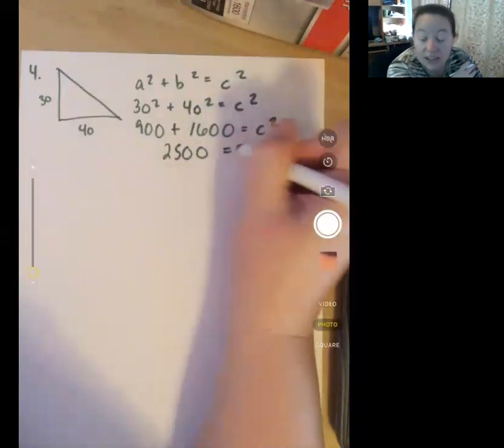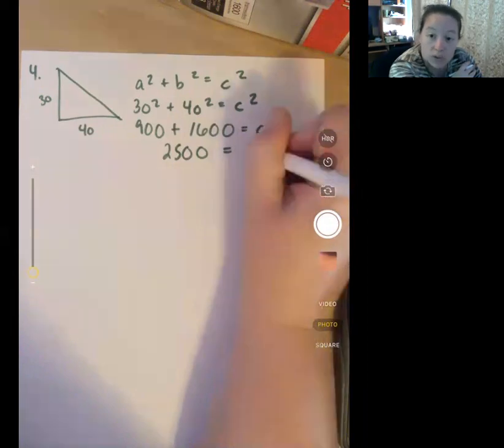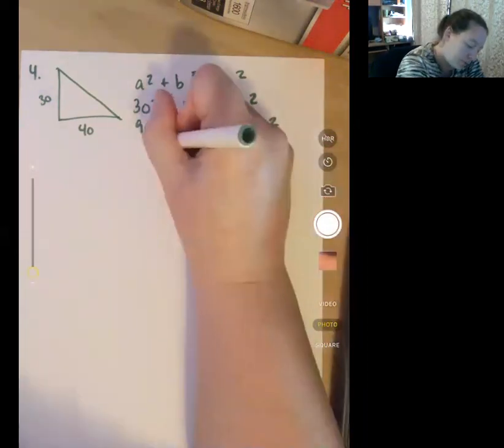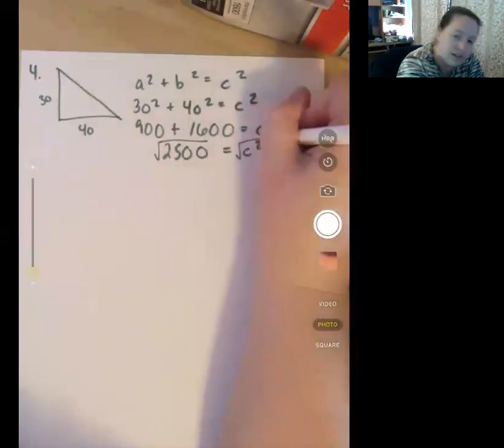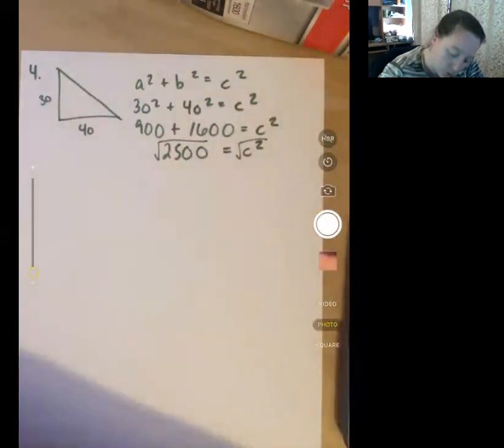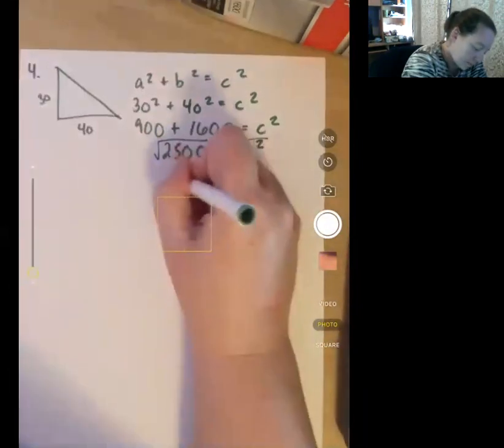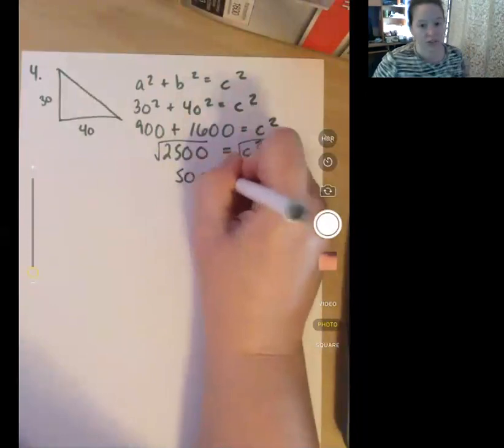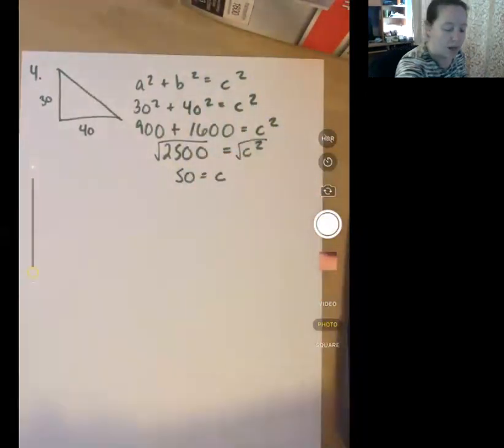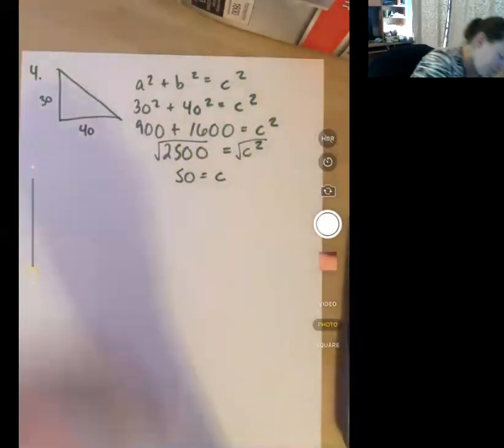I can then get rid of the squared on the c by doing a square root to both sides. So square root of 2,500 is 50. So C is 50.